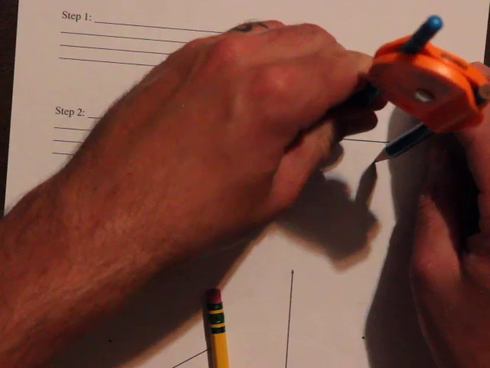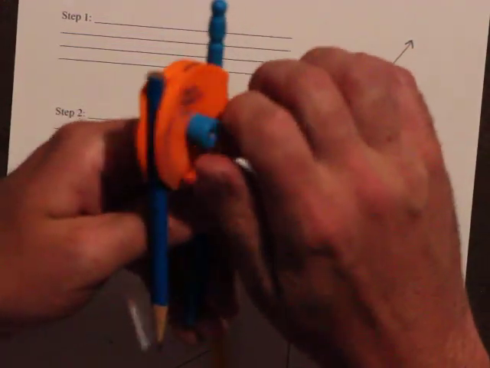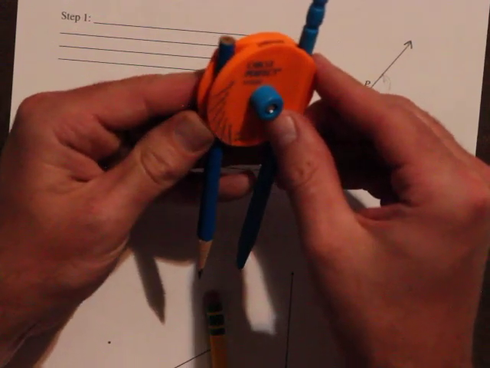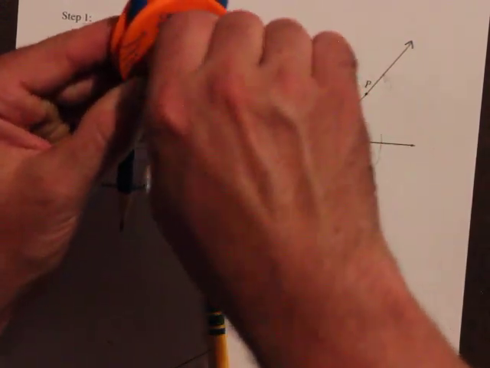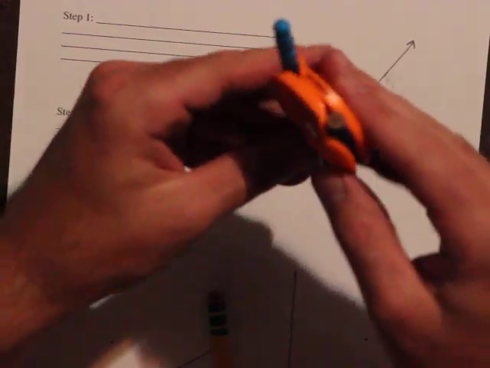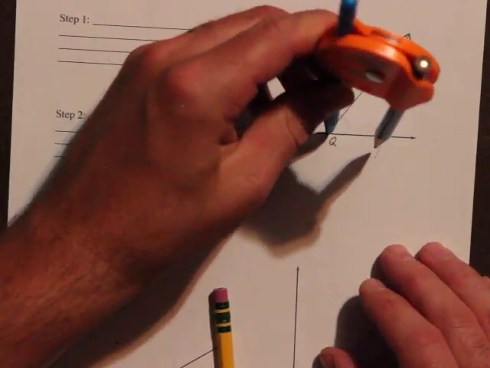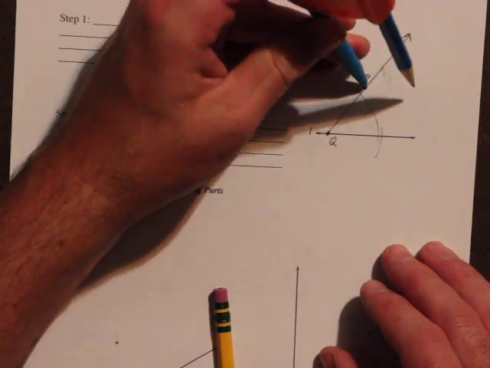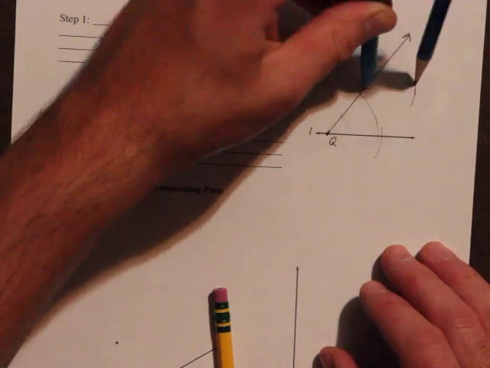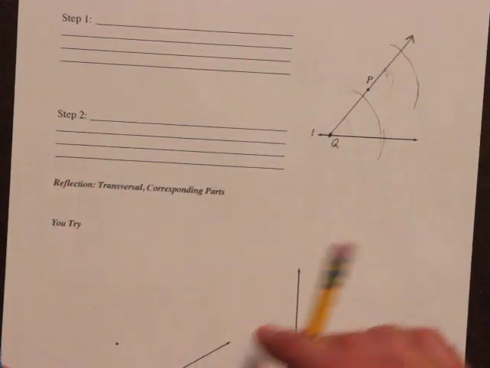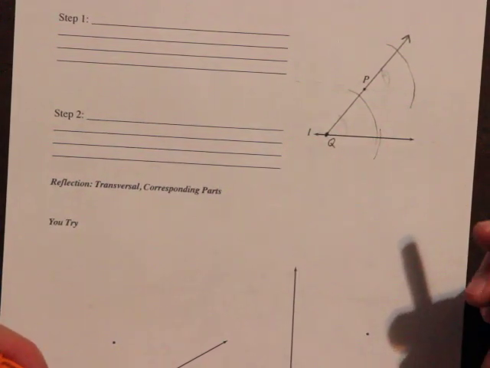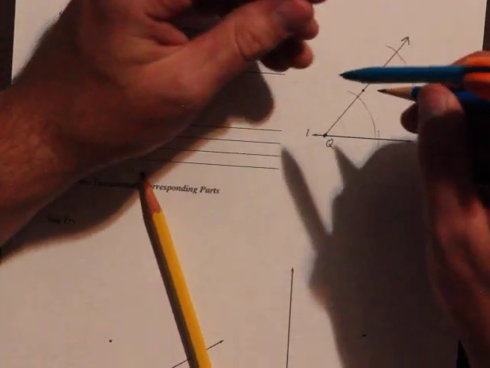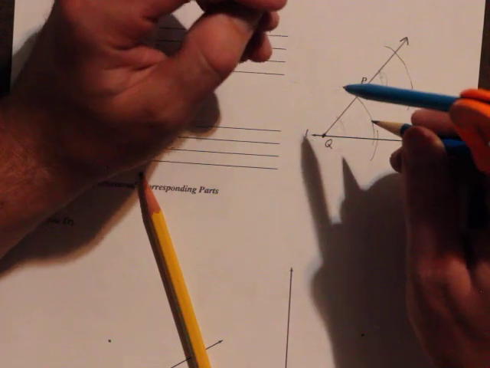So I'm going to draw this ray. Well, actually I'm going to make this a little bit smaller before I draw this ray, because I don't want it to conflict with P up there. So Q, draw an arc, and then I'm going to draw another arc from P. So here's what I'm going to do now.